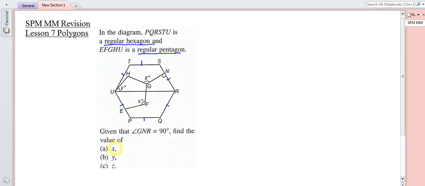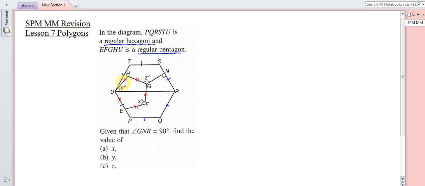Okay, so we go x first. x is actually very easy because this is another regular polygon, so all the angles here will be the same. How do we find the sum of the interior angles for a polygon? n minus 2, multiplied by 180.